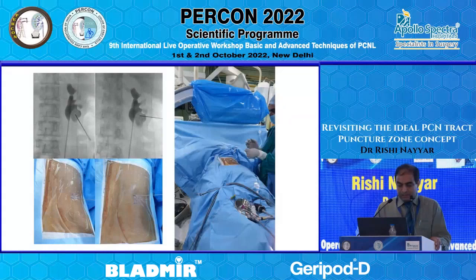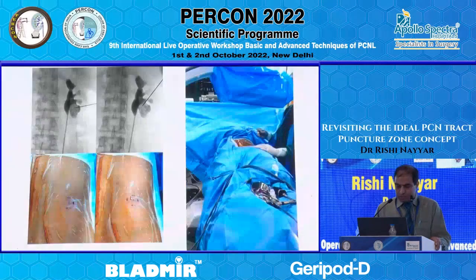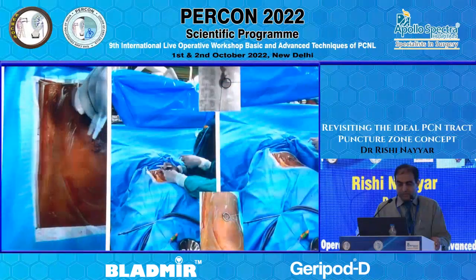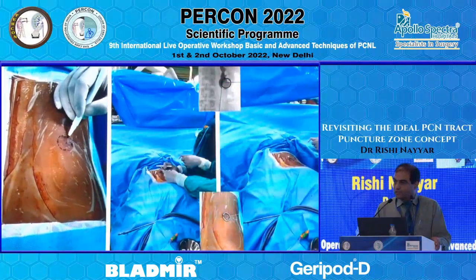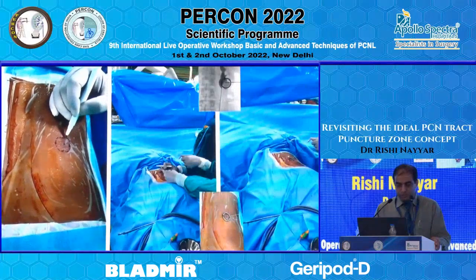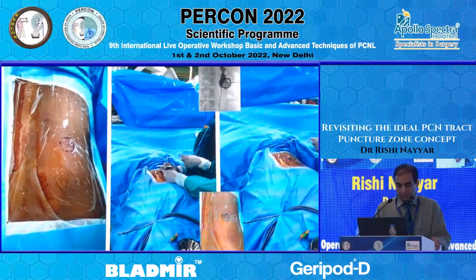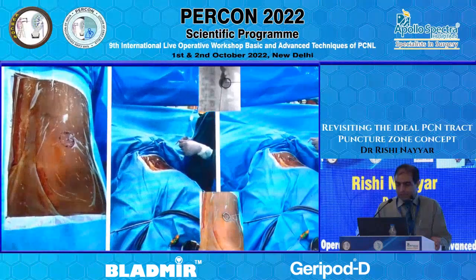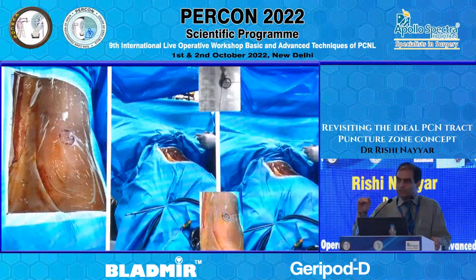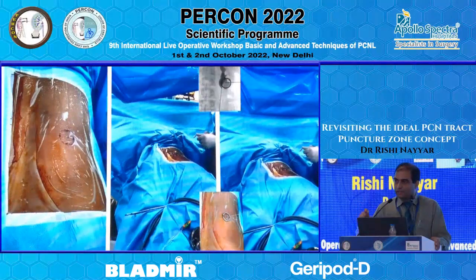Similarly, the medialmost and the lateralmost points would be marked, and then by joining these marks, we would get the puncture zone. Within this puncture zone, we can then choose where exactly to make the puncture. In this particular case, because we wanted to access the middle anterior calyx, which is somewhat lateral, we did a puncture in a dead zero position using the bullseye technique.